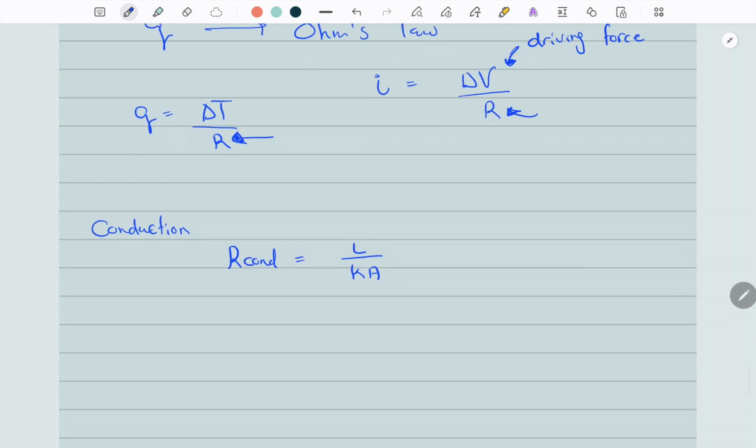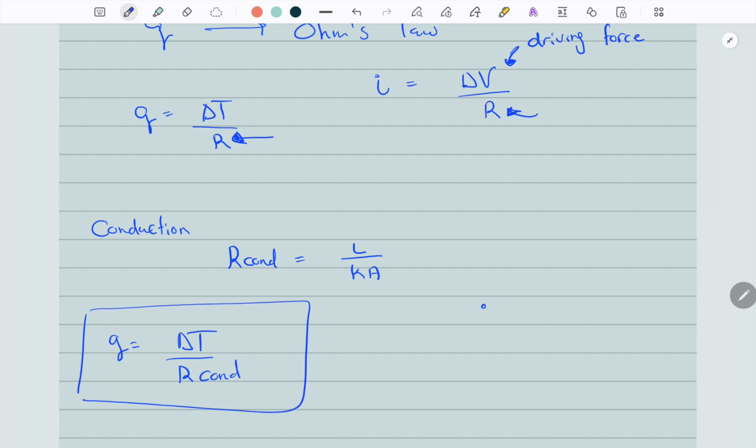Going back to conduction, the heat transfer equation itself, which is Q equals dT, the change in temperature, divided by R conduction, this equation itself is only true if it meets 4 specifications. 1, it's one-dimensional. 2, steady state. 3, no energy being generated in the system.